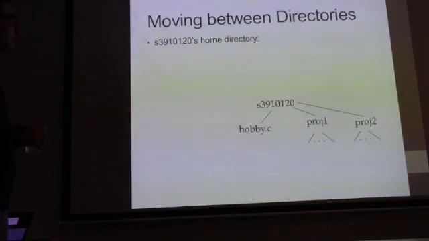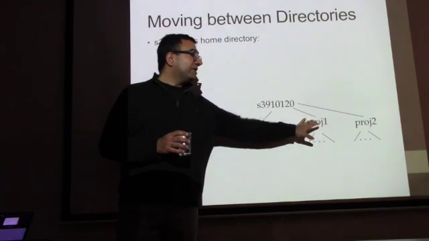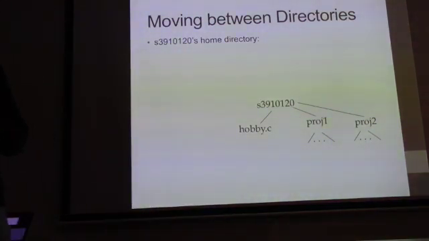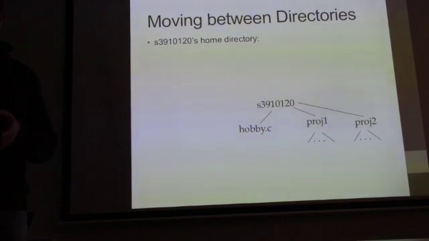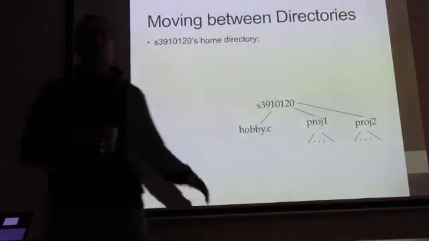So let's go back and look. So we're in this directory. How do we move to this directory? If I told you the command to change your directory is cd, cd stands for change directory. How would you change your directory from here to here? Any guess?